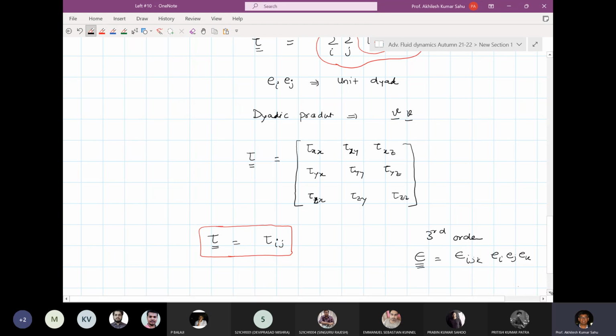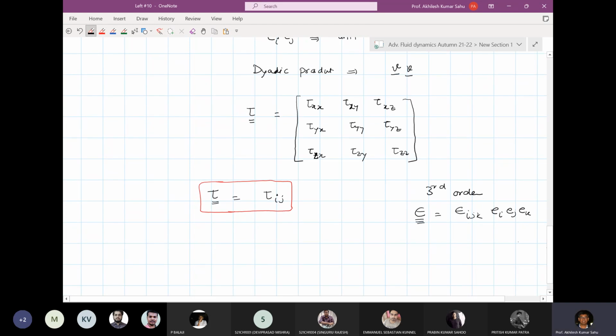Acha, for these tensors, right? So let's say I'm writing a dot t, right? In index notation it can be written as ai tjk, and let's say I'm writing the unit vectors, so it will be ei dot ej ek, right?